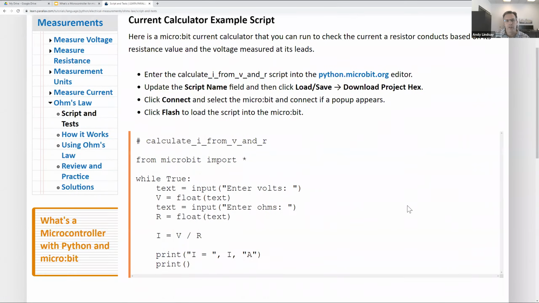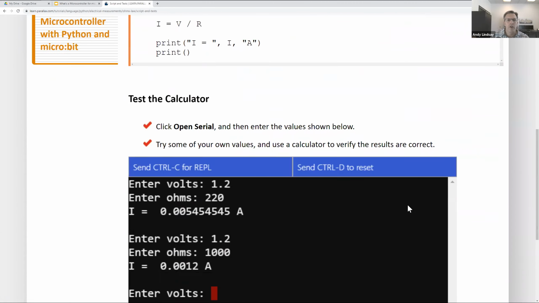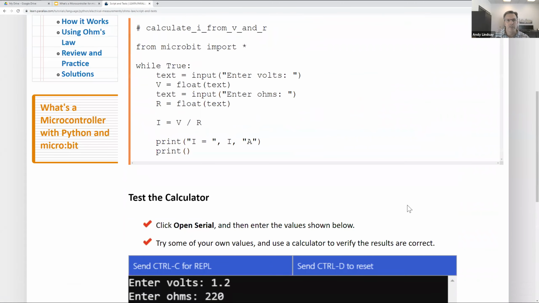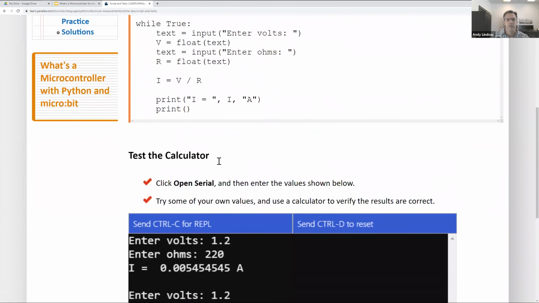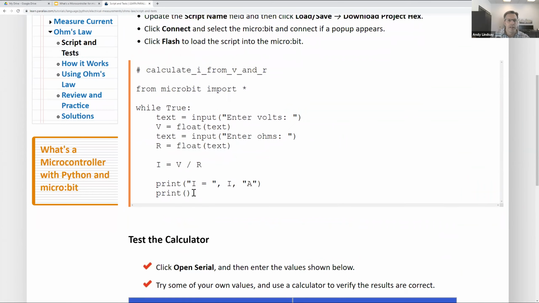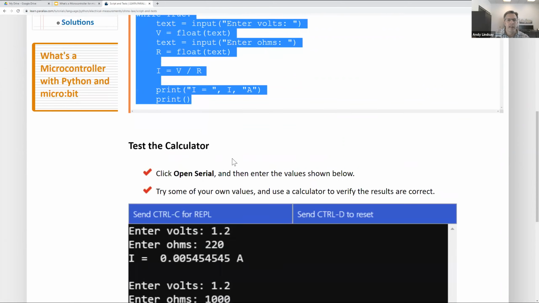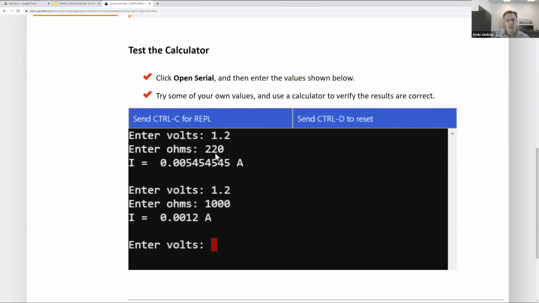And if the goal is teaching electronics, it also is nice from that standpoint. And again, after studying the math of Ohm's law, we write some code that can calculate, from one unknown and two knowns, the unknown value.